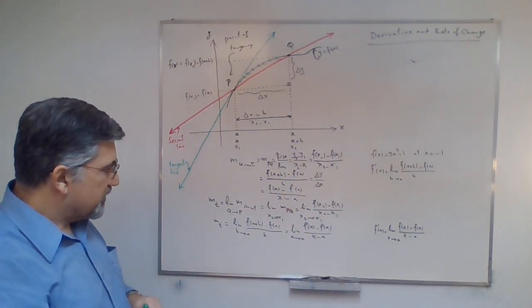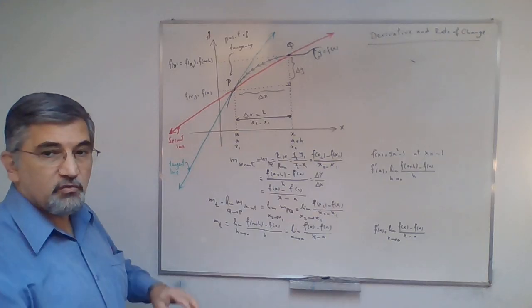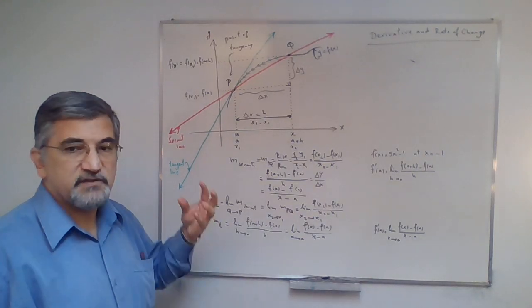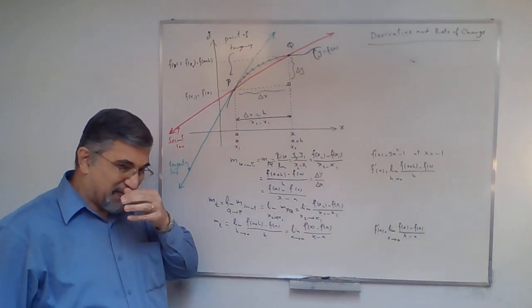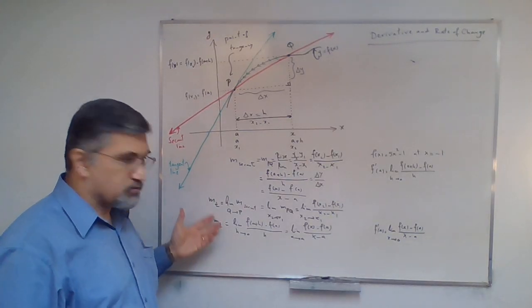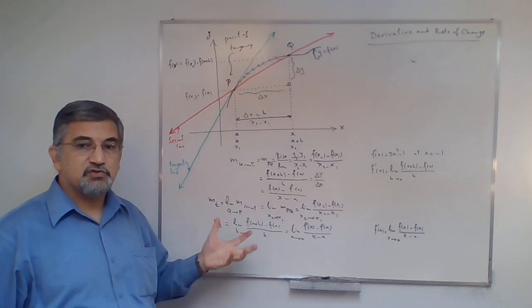So you see that we find the slope of the tangent using the concept of limits. And this is why in the former courses we couldn't talk about the slope of the tangent, because we didn't have this tool in our hands.